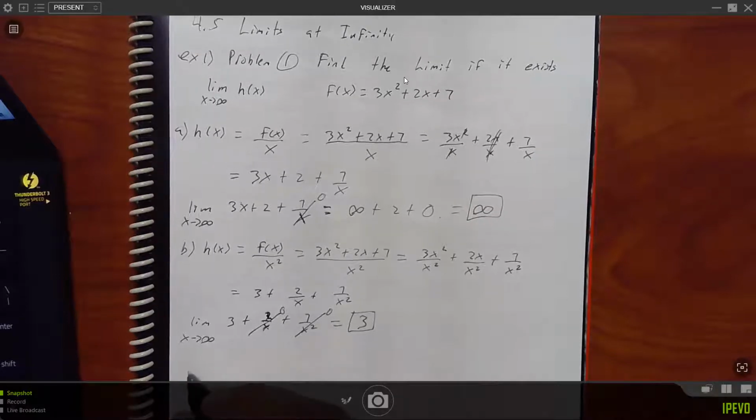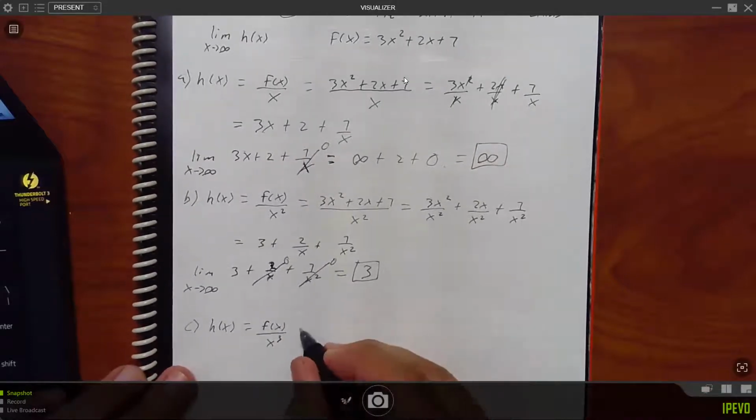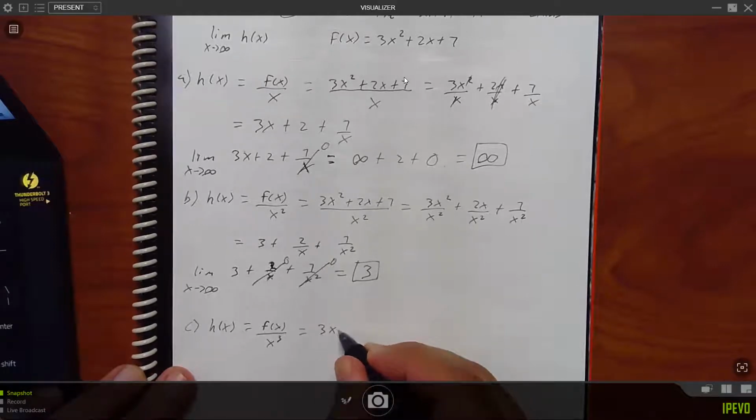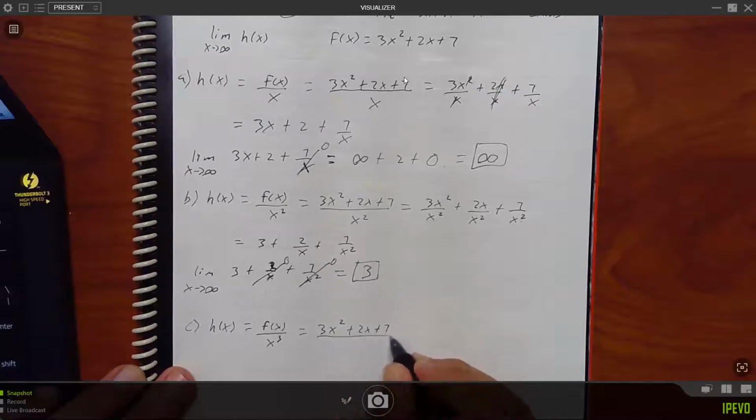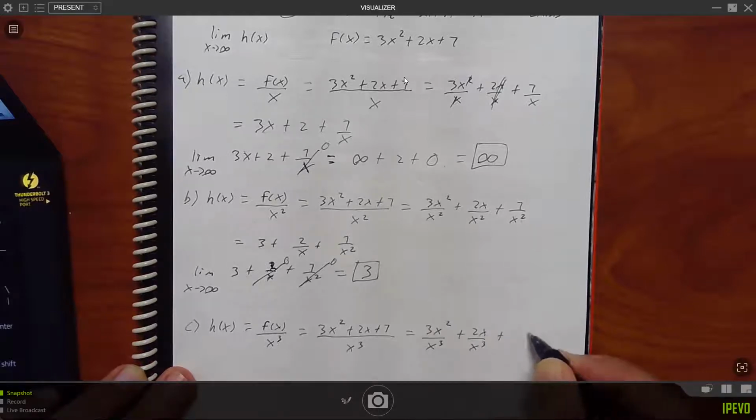Okay, we'll do one more just for fun. So example 1 has 3 parts, so let's say the denominator is even bigger. Right, so 3x squared over x cubed plus 2x over x cubed plus 7 over x cubed.